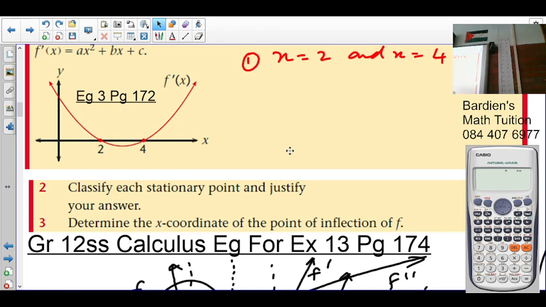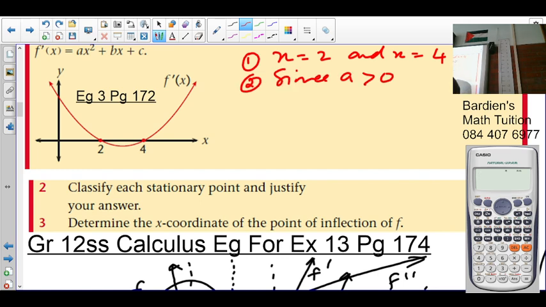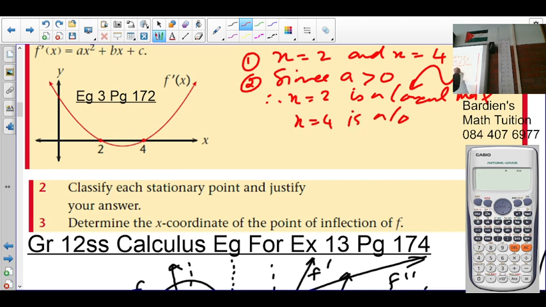So we just say, since the A value has to be positive, the graph first goes up then down. Therefore, x is equal to 2 is a local maximum, whilst x is equal to 4 is a local minimum.